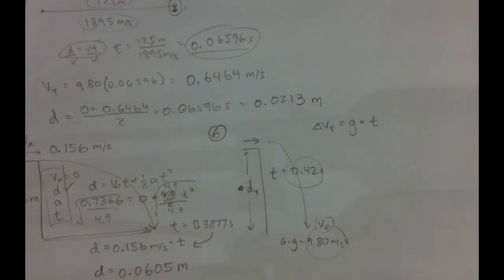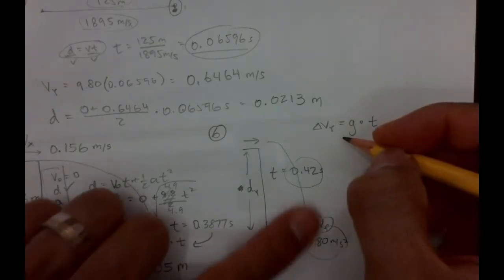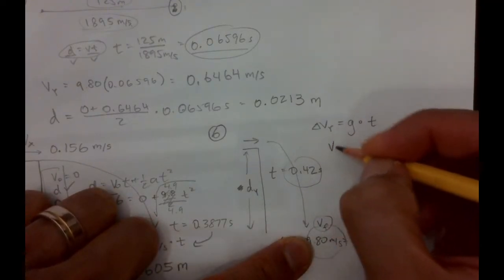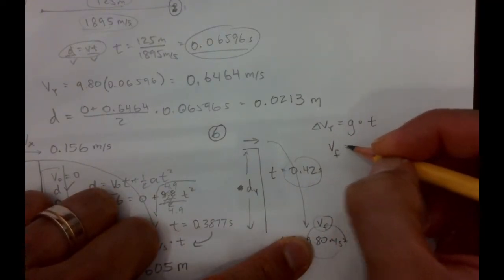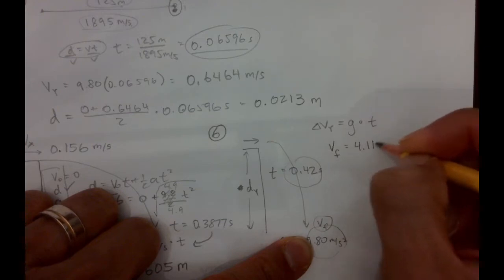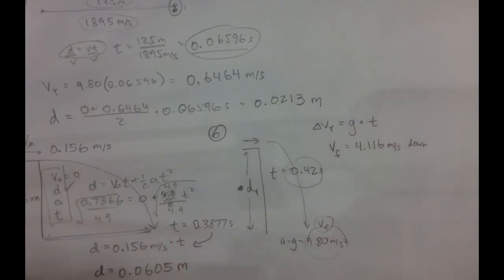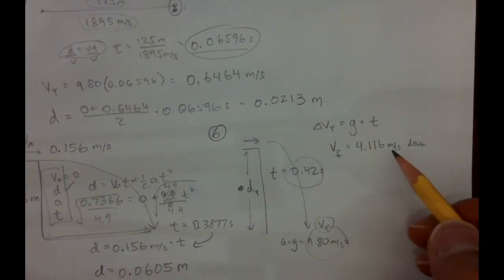So 9.8 times 0.42, and we have a final velocity of 4.116 meters per second, and that is downward. Okay, so we answered that part.